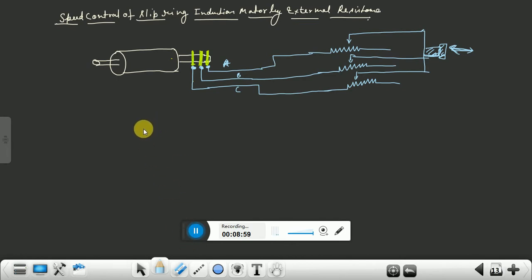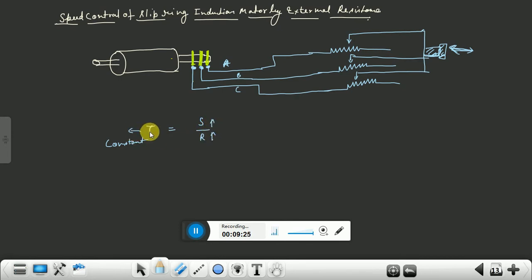Basically our torque equation is tau proportional to S divided by R. Suppose our torque is constant, so when we increase the rotor resistance, our slip is also increased.